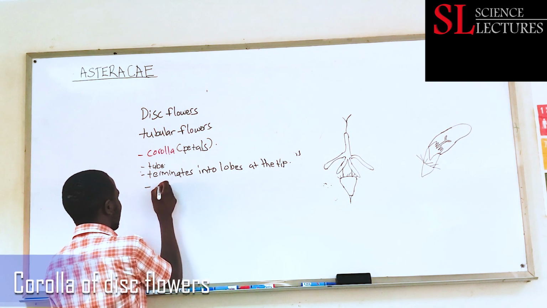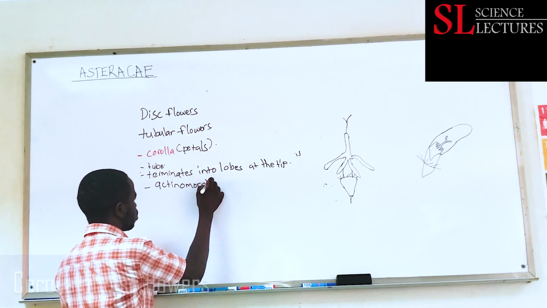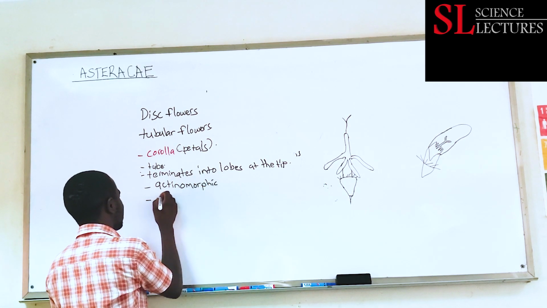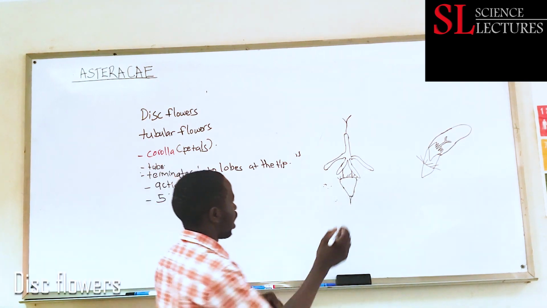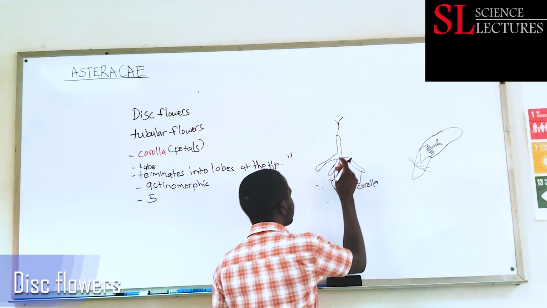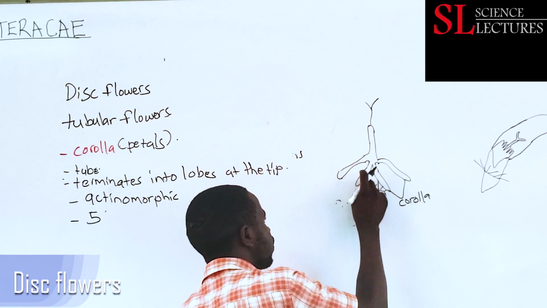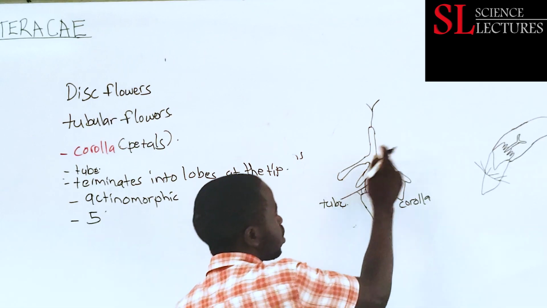Then this corolla is actinomorphic, and the corolla is usually 5 fused. What you have here is our corolla. From down here, this is the corolla tube. However, they terminate into lobes.